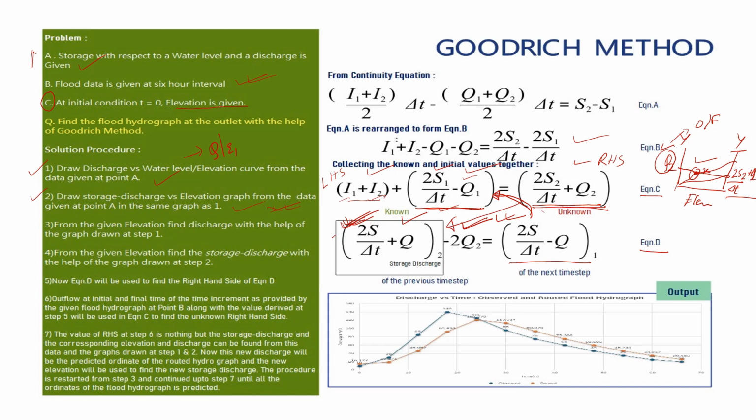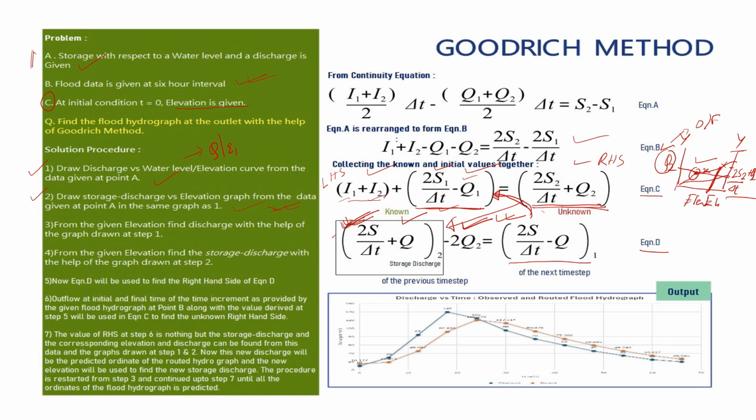For this value also, you will find the elevation, because if I draw a perpendicular, suppose this 2S by del t plus Q is this part, so is this part. If I draw a perpendicular to x upon the elevation, it will give the corresponding elevation. And the 2S by del t plus Q is known now.